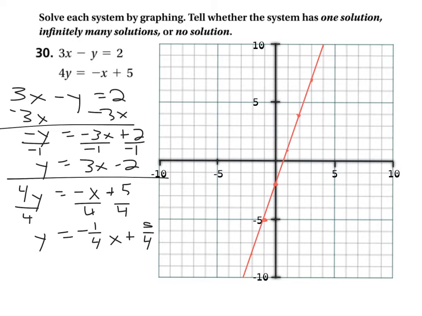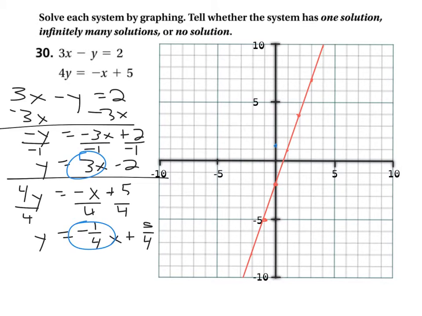Not the easiest thing to graph because it's a fraction, so if you're looking for the exact point where they cross, that's a little bit tough because it's going to cross the y-axis at 5/4, which is right here. Okay, 1 1/4 roughly.